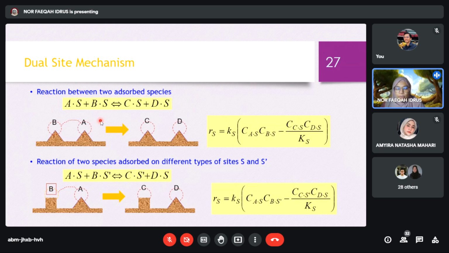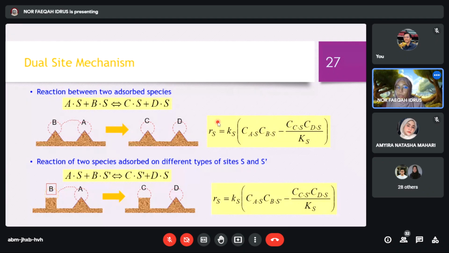So for this example, it involves two adsorption steps, adsorption of A·S and adsorption of B·S. Then during the surface reaction there are two adsorbed species, and the reaction will occur to produce products C and D.